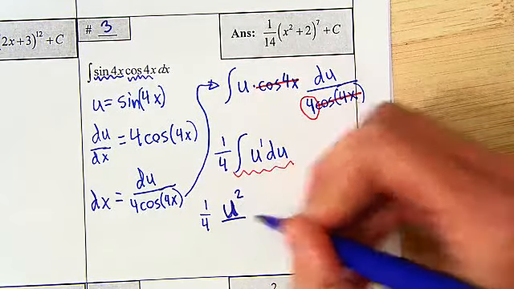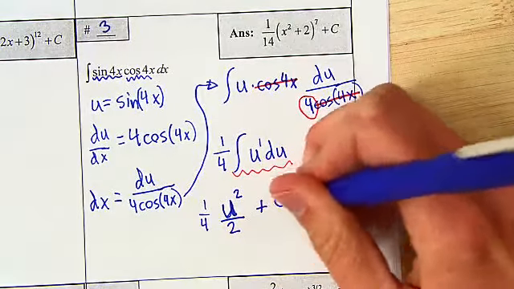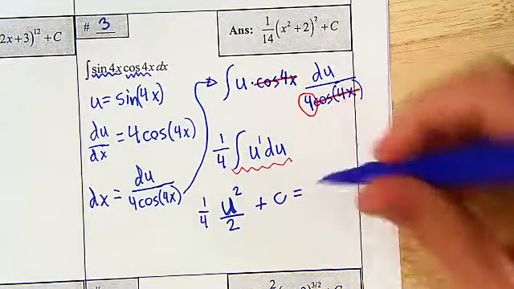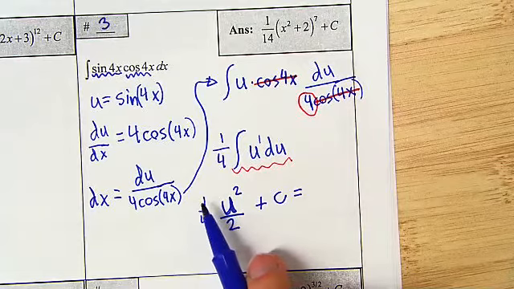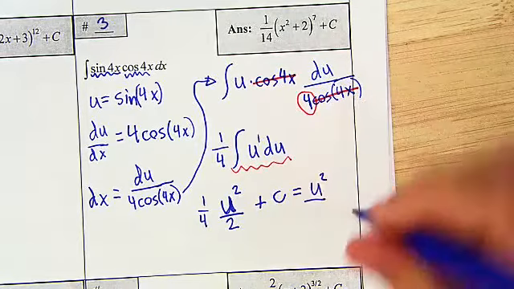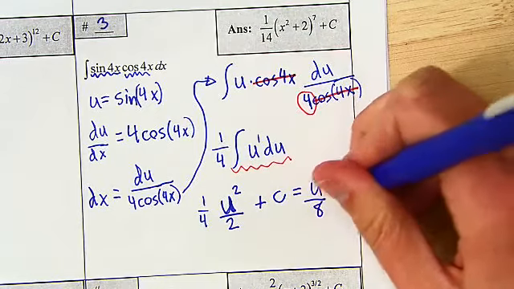And then I divide by that new exponent. So I divide by 2, and then plus c. Now I can clean this up. I can multiply these two fractions together. So I'll multiply the numerators together. So I get u squared over, and then I'm multiplying the denominators together. So I get 8, and then plus c.